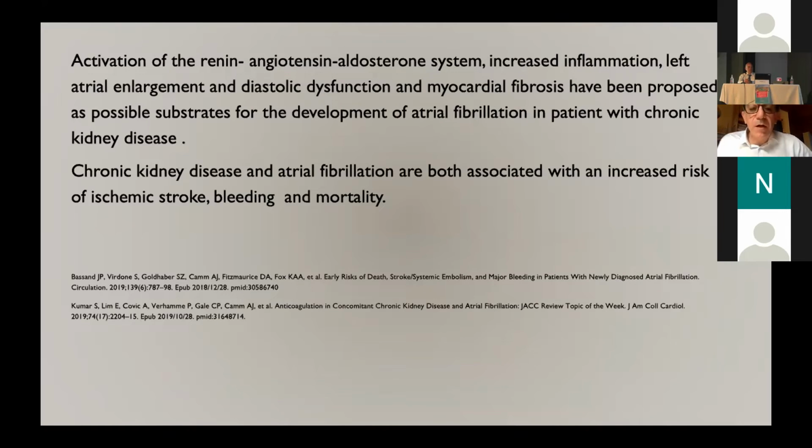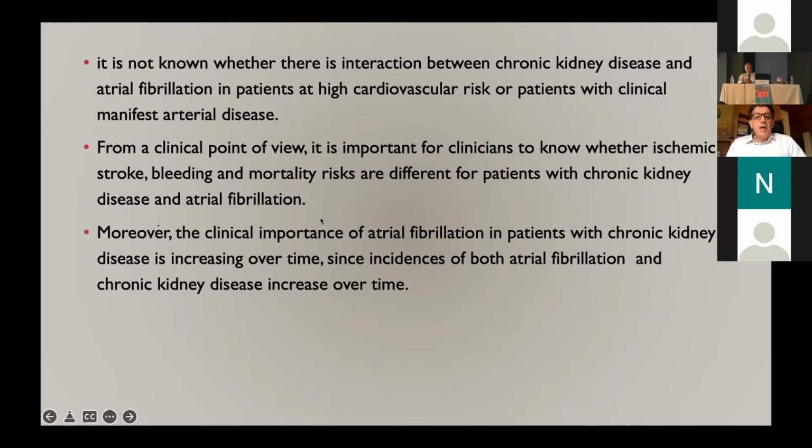And this is very important because both of them, atrial fibrillation and chronic kidney disease, are strongly related to ischemic stroke, bleeding, and mortality. We don't know if there is an interaction between chronic kidney disease and atrial fibrillation in multiplying the cardiovascular risk, but in patients with already established arterial disease, we do have interaction.